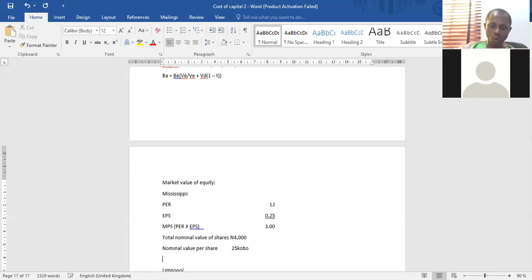So, what is the number of shares? Number of shares will be equal to the total nominal value of shares all over nominal value per share.